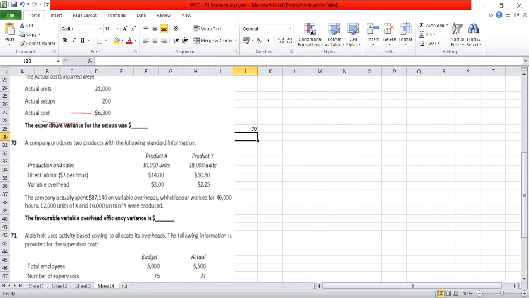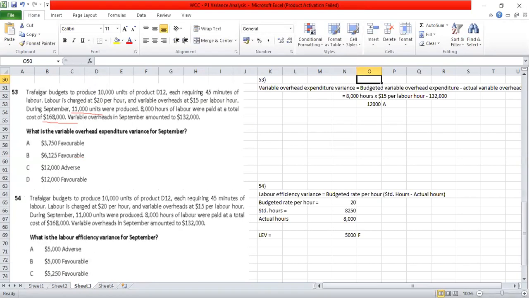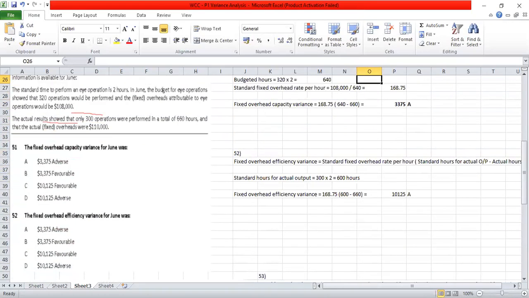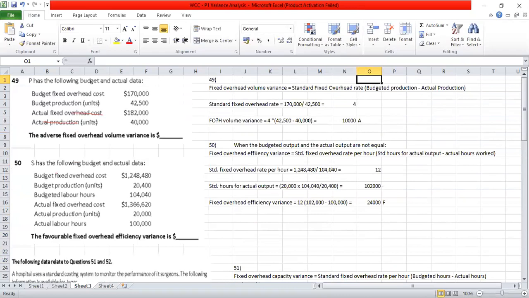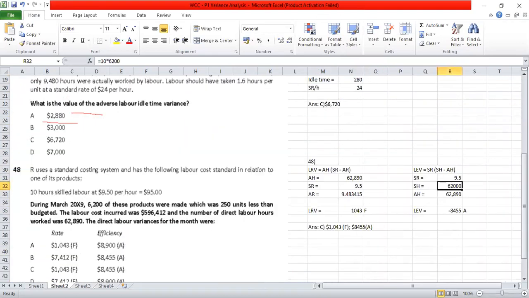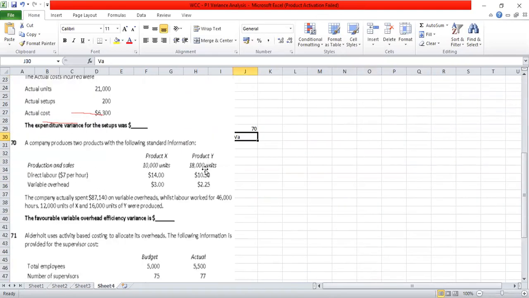So let's write the variable overhead efficiency variance. Let's list that out. So variable overhead.